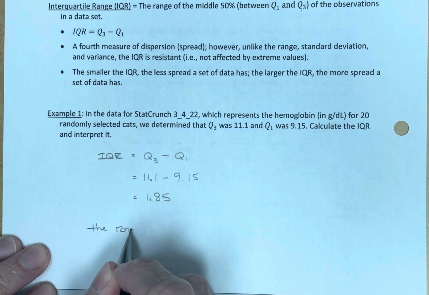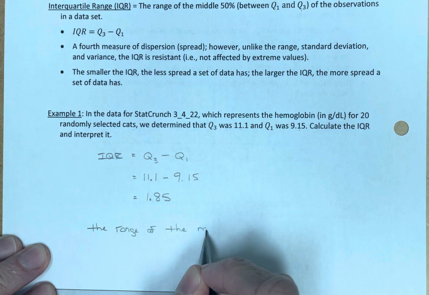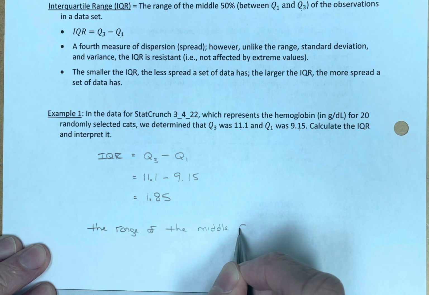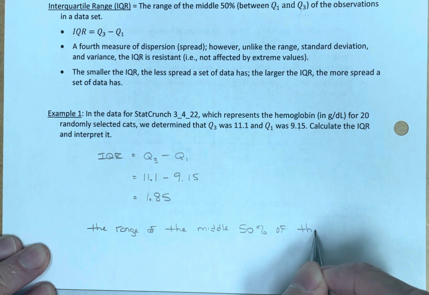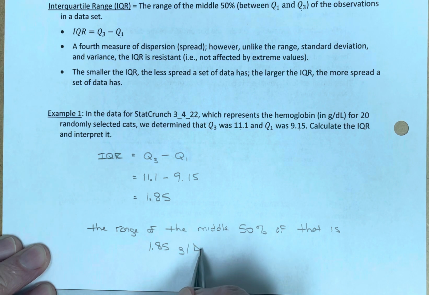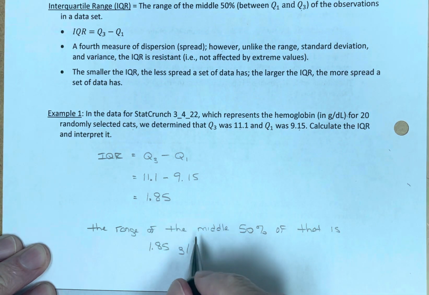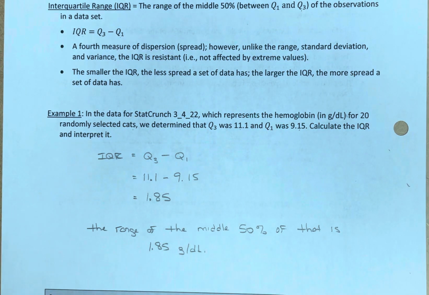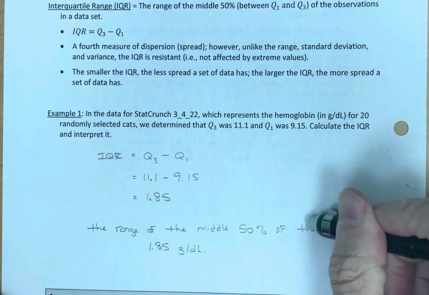The range of the middle 50% of the data is 1.85 grams per deciliter. Sorry about that, lowercase d, capital L. I meant to say the data here.